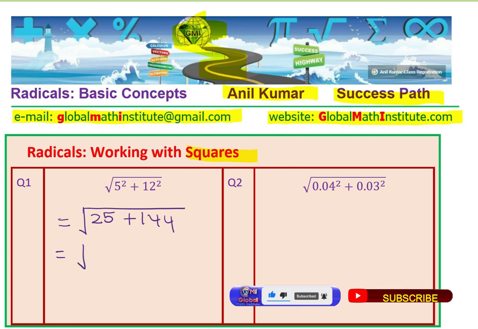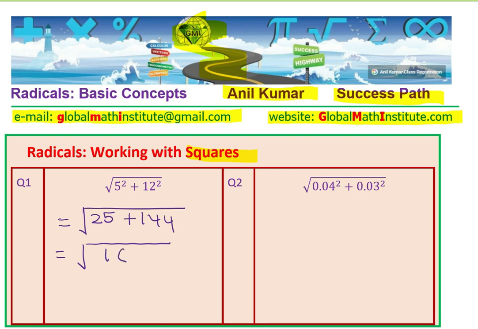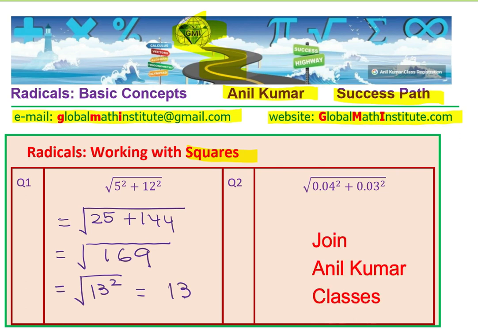Now when you combine these, 25 plus 144 is 169. And as you know, 169 is 13 square, and its square root should therefore be 13. So we have evaluated the square root of 5 square plus 12 square. You've seen the Pythagorean theorem, right triangles. Well, we use this.